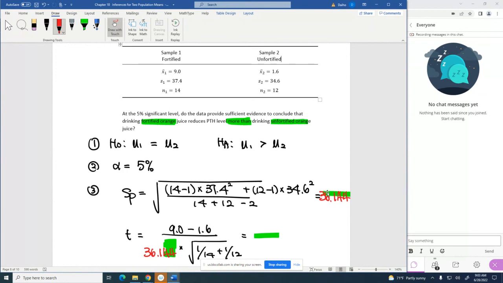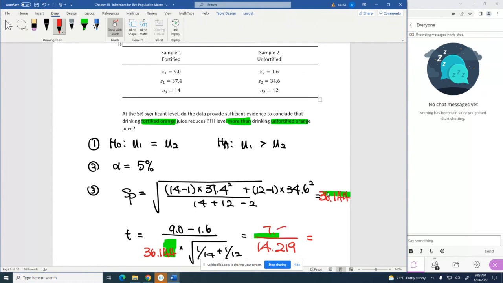The denominator is 14.219. So the top would be 7.4.